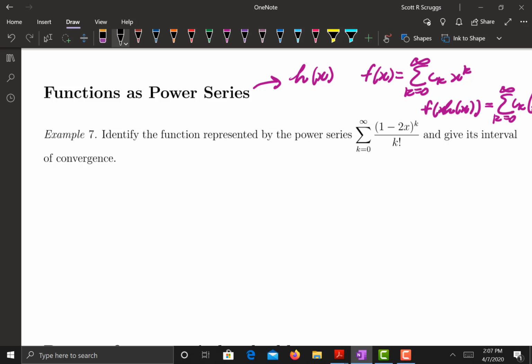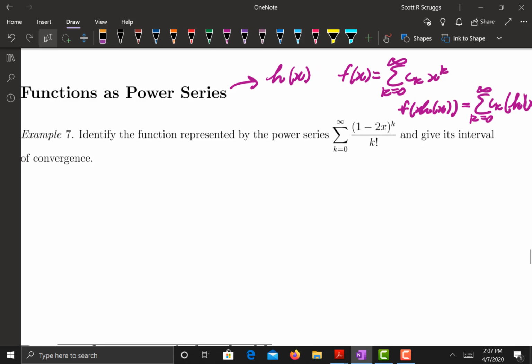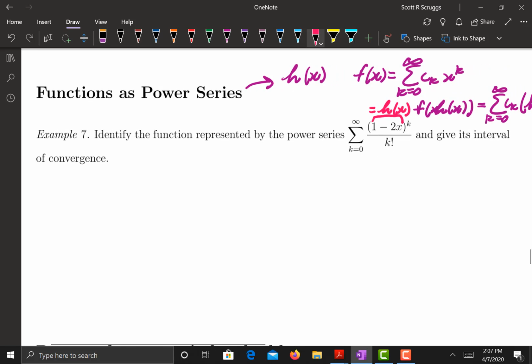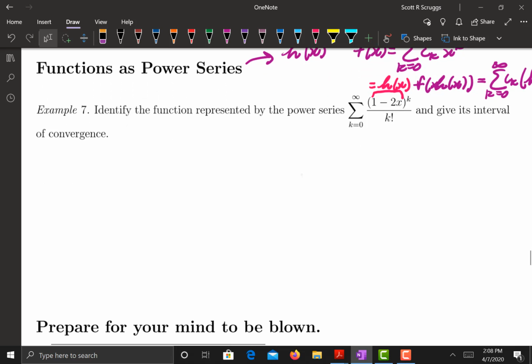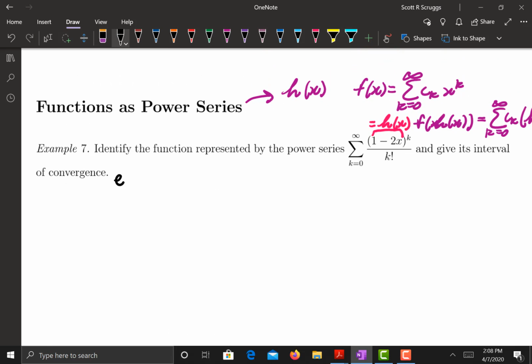And so here's going to be our game plan. I see a 1 minus 2x in this power series. So that 1 minus 2x is going to act as my h of x for this problem. And now, if I replace that h of x with just an x, I get back e to the x, just the normal Maclaurin series that we dealt with.